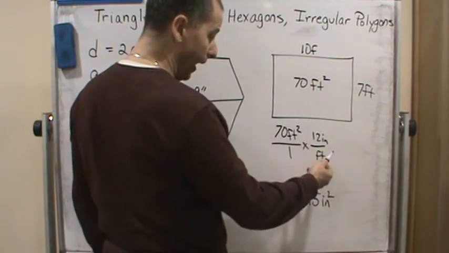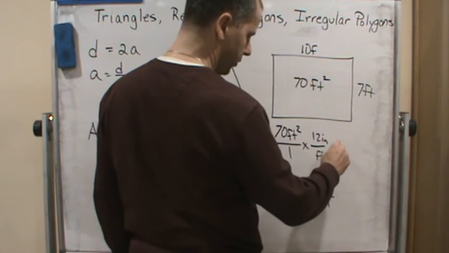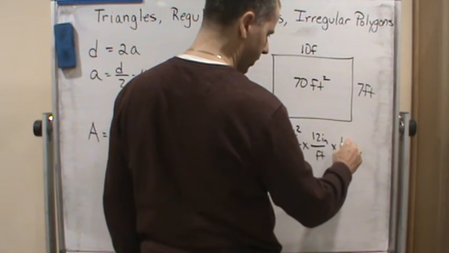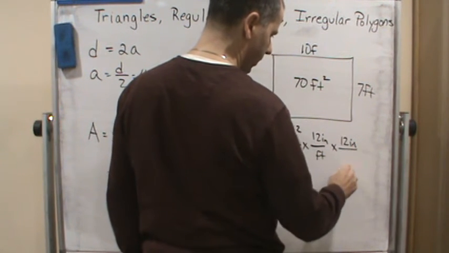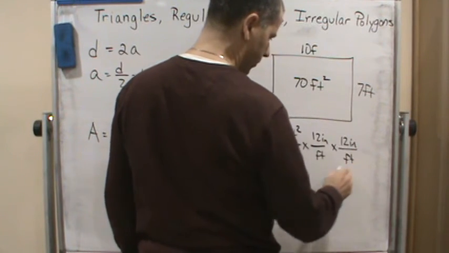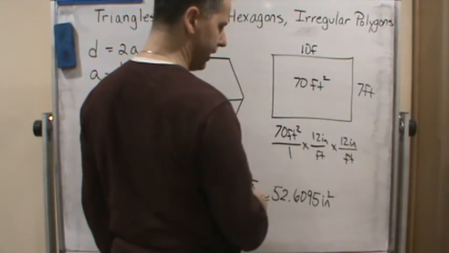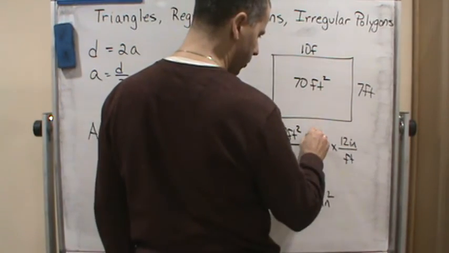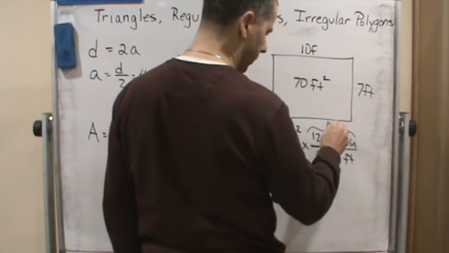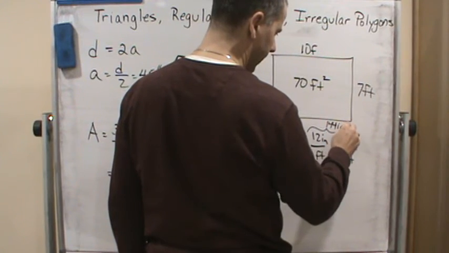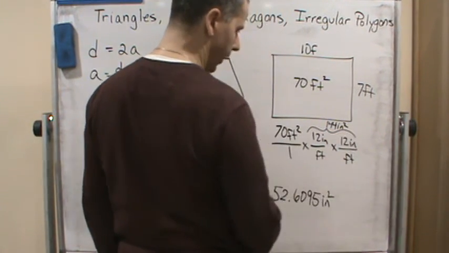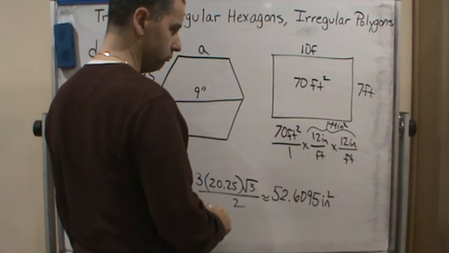But then we got to do it twice because we've got square feet. So times another conversion, which is 12 inches per foot. So now we've got square feet on the bottom and we've got square feet on top. And if you want to, you could just write this as 144 square inches for every square foot. Right?